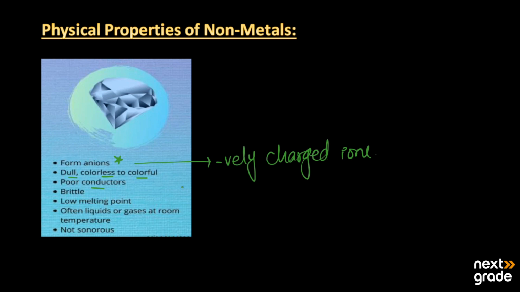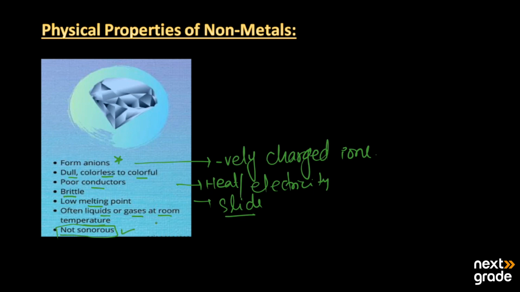They are poor conductors of heat as well as poor conductors of electricity. They are brittle. They have low melting points. They are often liquids or gases at room temperature. And they are non-sonorous.